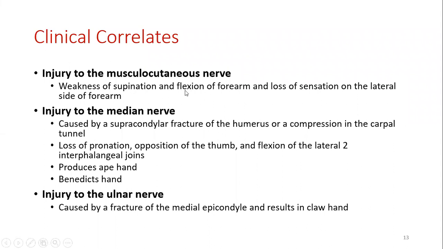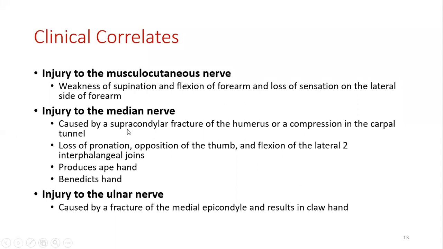So you'll end up with weakness of flexion of your forearm, as well as loss of sensation on the lateral side of your forearm, because recall that the terminal branch of your musculocutaneous nerve is the lateral antebrachial cutaneous nerve. So not only do you have weakness of these actions because you've lost that innervation, you'll also have loss of sensation on the lateral aspect of your forearm.